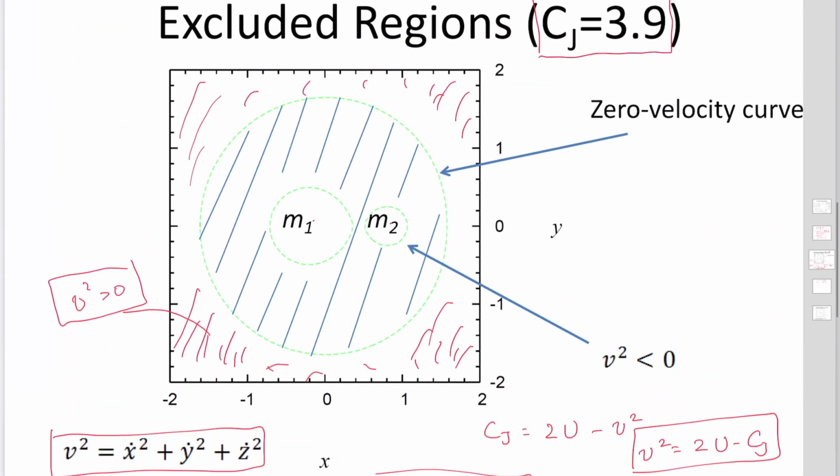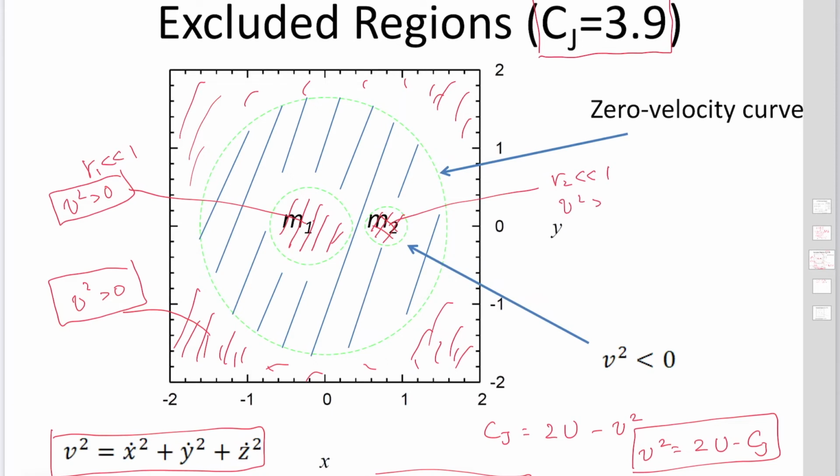Going back to these regions, this region is where r sub 1 is much smaller than 1, so v squared is positive. This is the allowed region where the particle with mass m can move. Also in these regions r sub 2 is much smaller than 1, so v squared is positive, and the particle can move around these regions too.